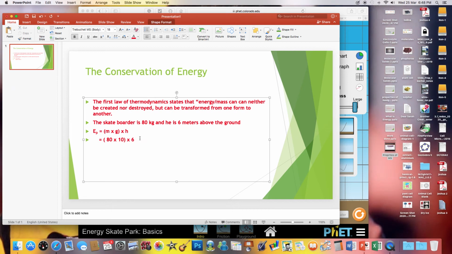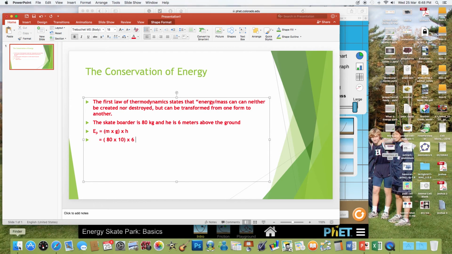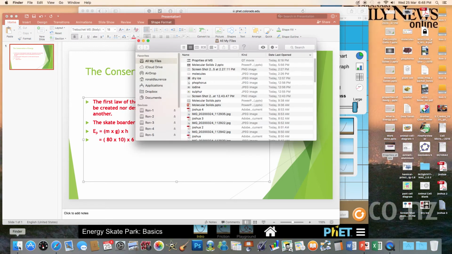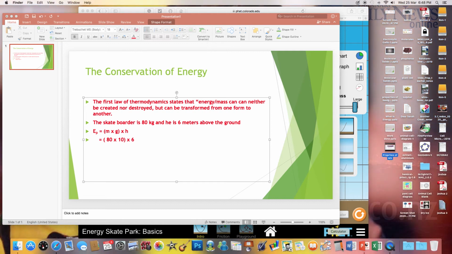So his gravitational potential energy is just going to be, we can just use the calculator here.